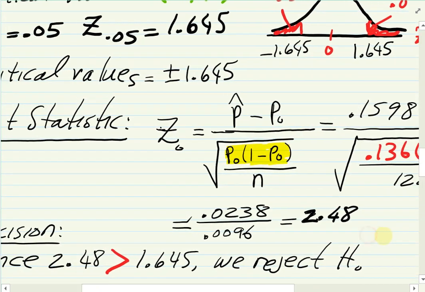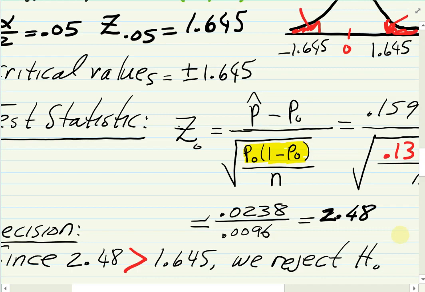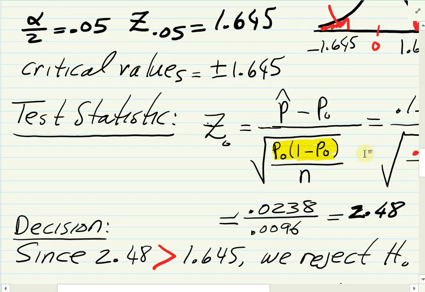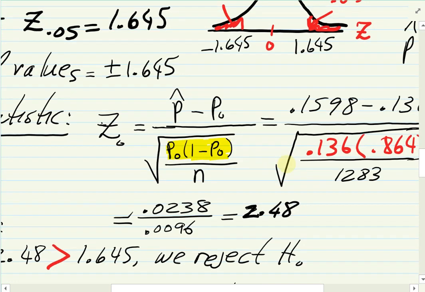And because it's too far from 0, our decision is consistent with what we think that z-score of 2.5 would imply. Formally speaking, because 2.48 is bigger than 1.645, 2.48 falls into the rejection region, right up here in the right tail, in the red zone. So we're going to reject the null.